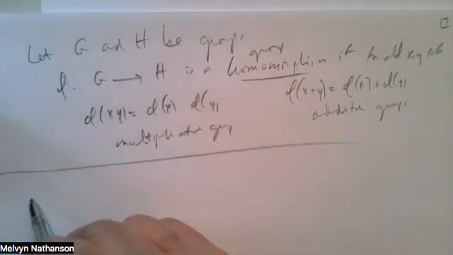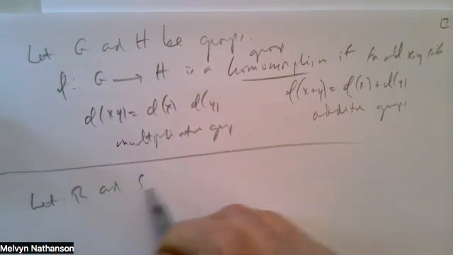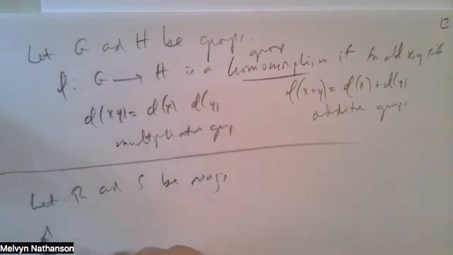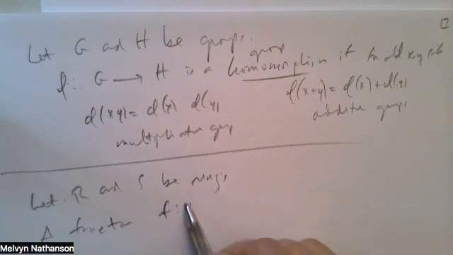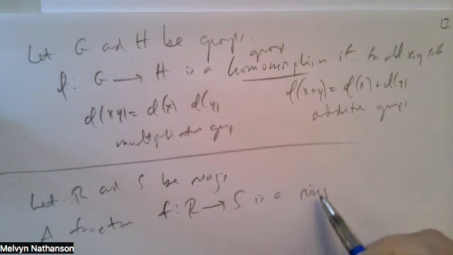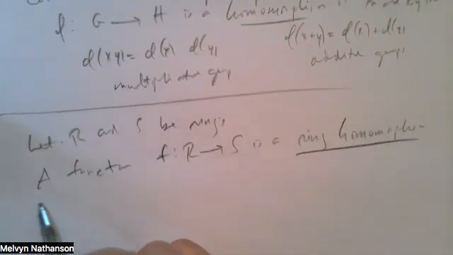So suppose we have rings R and S. A function, let me just write f, from R to S is a ring homomorphism if it respects both addition and multiplication.